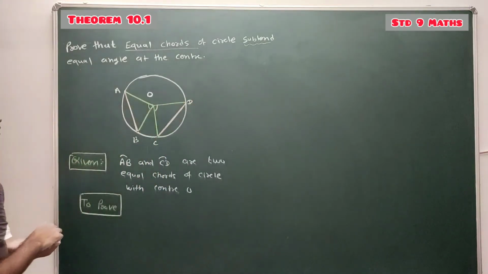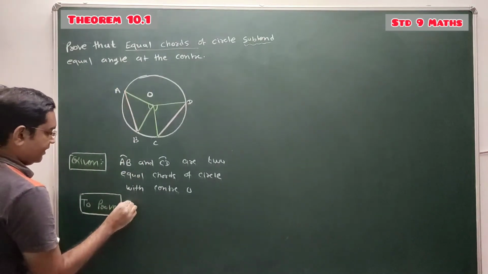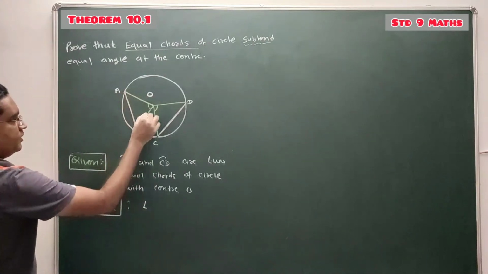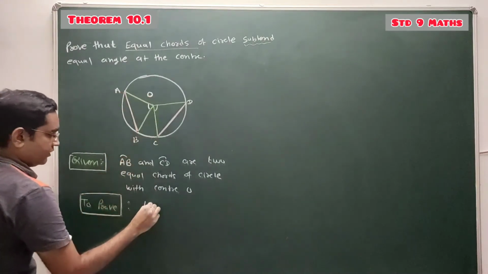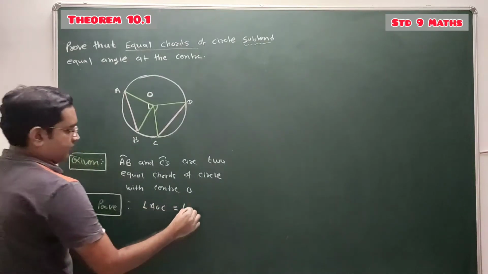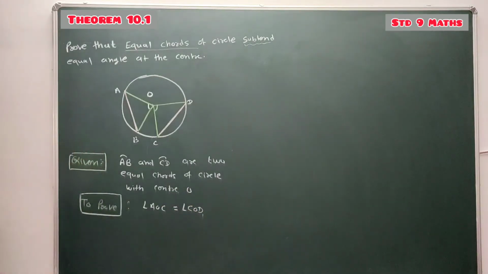And we have to prove these two angles are equal. Which two angles? The angles subtended by these two chords at the center. So angle AOB is equal to angle COD. That you have to prove. These two angles are equal, that is what we have to prove.